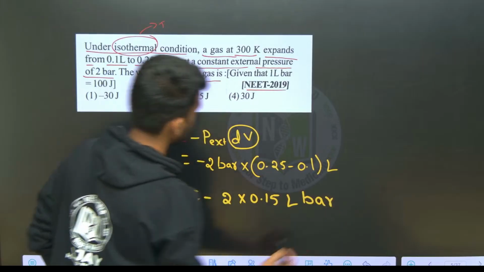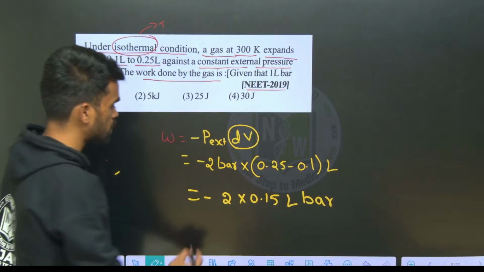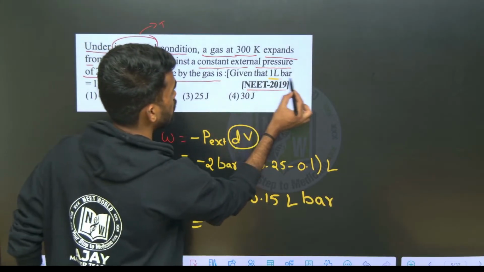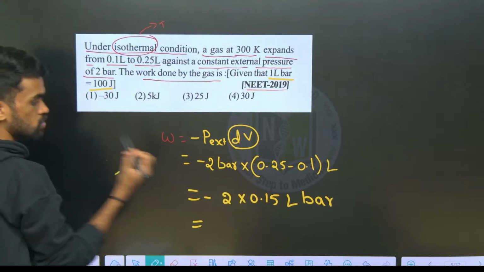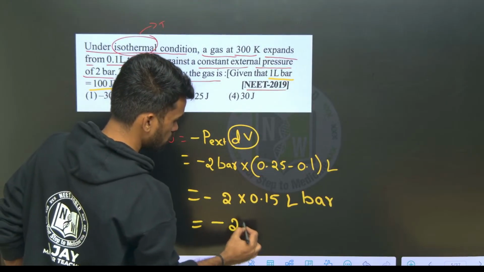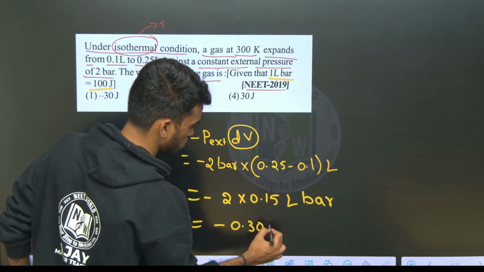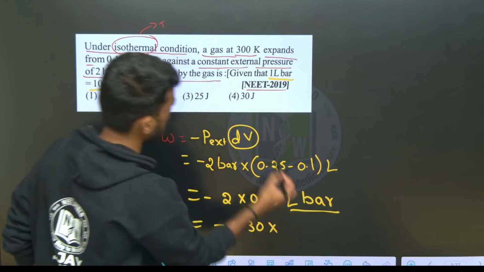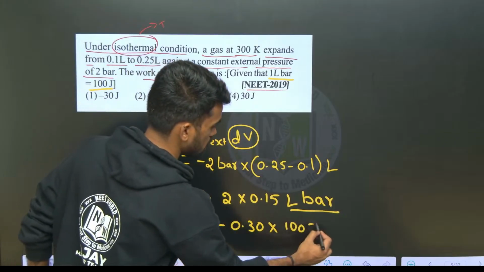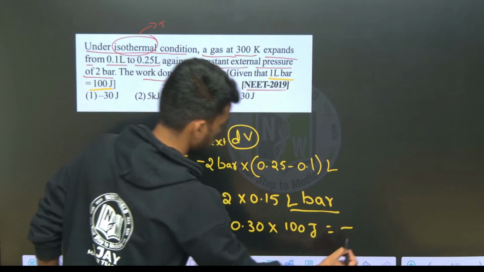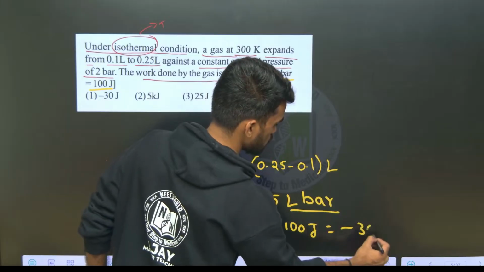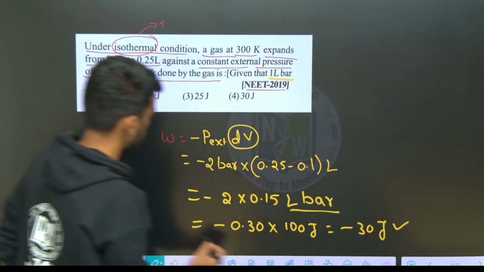But there is no option in liter bar. They have given data: 1 liter bar equals 100 joules. So minus 0.30 liter bar, I can write 100 joules, so that we get minus 30 joules. This will be your answer for this particular question.